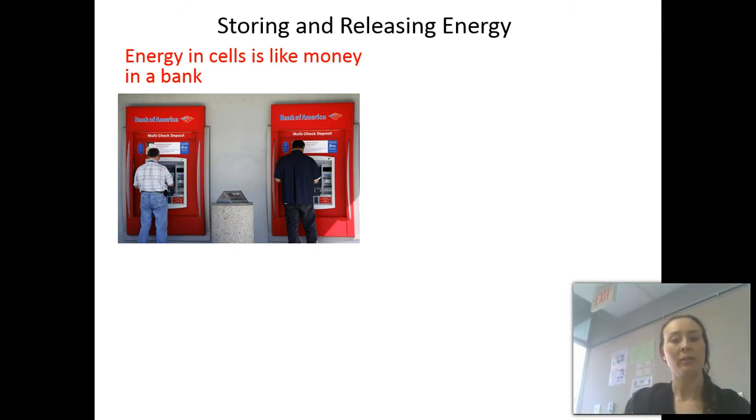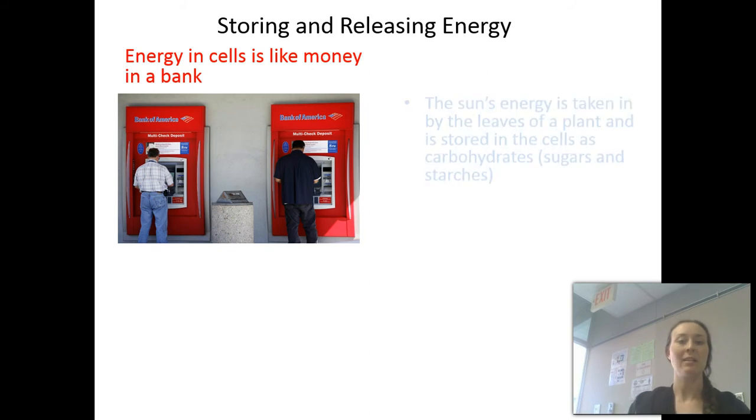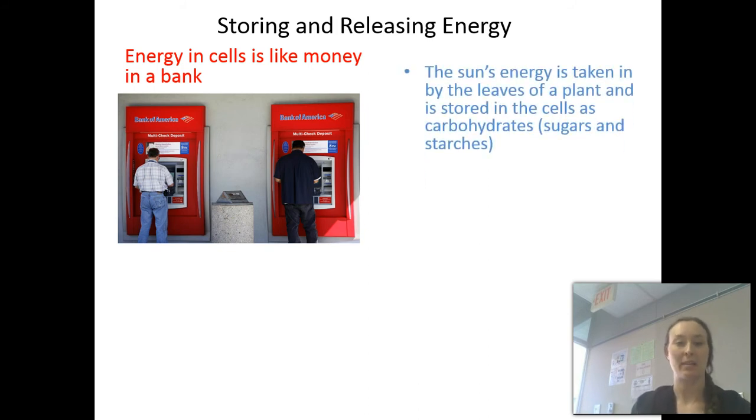Alright, so storing and releasing energy. Energy in cells is like money in the bank. Keep it there until you need it, and then you can take it out, or in the case of cellular respiration, break it down. So the sun's energy is taken in by the leaves of a plant and is stored in the cells as carbohydrates, sugars and starches.